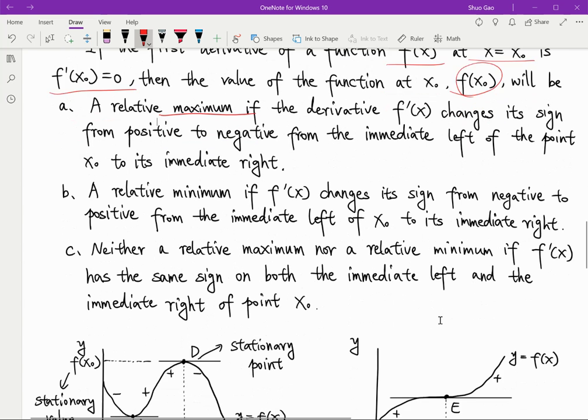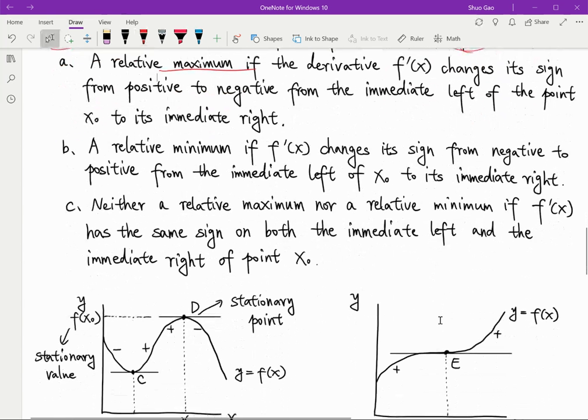Okay, so what does it mean? I draw a graph here. So in this curve, the point D is a relative maximum, right? Because for all the nearby points to the left of D, the value of the function is smaller than f(D). And if x is larger than D, then f(x) is smaller than f(D), right?